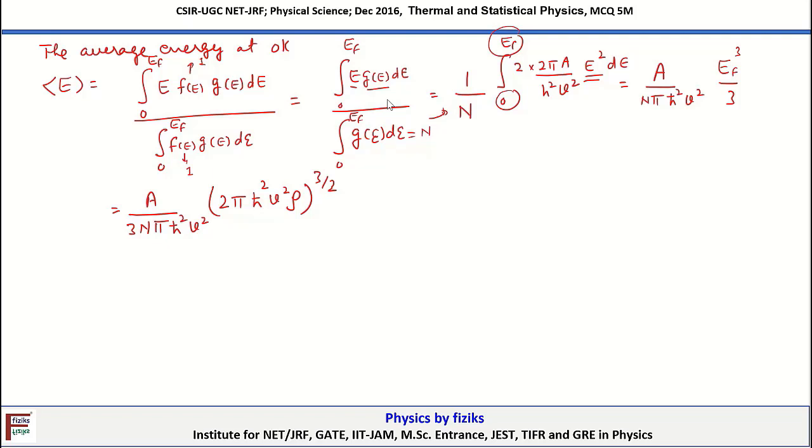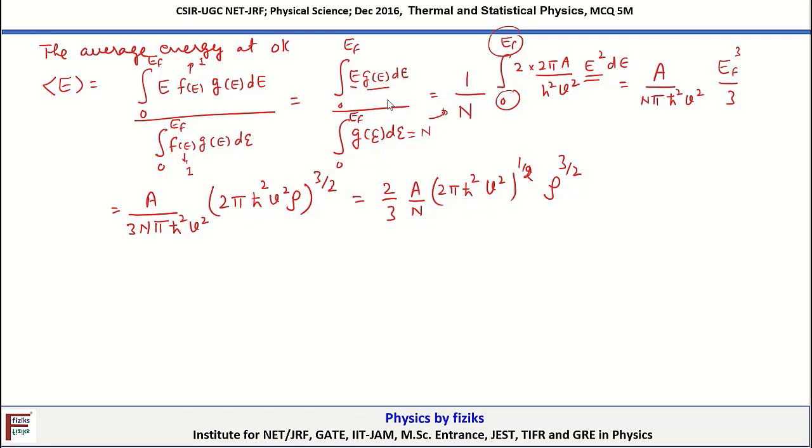After doing mathematical manipulation, it comes out to be equal to 2 by 3 A by N into 2 pi h cut square b square to the power 1 by 2 and then rho to the power 3 by 2. So that's the average energy.